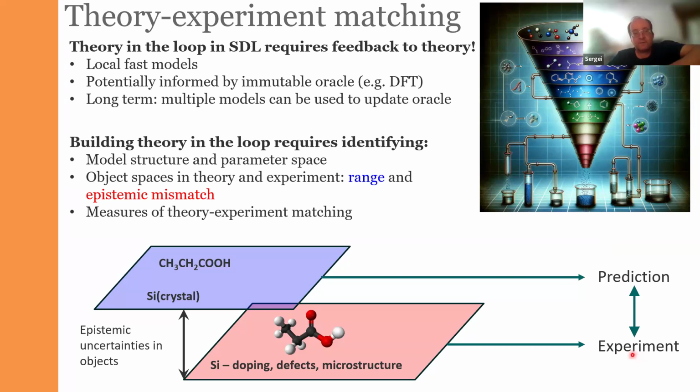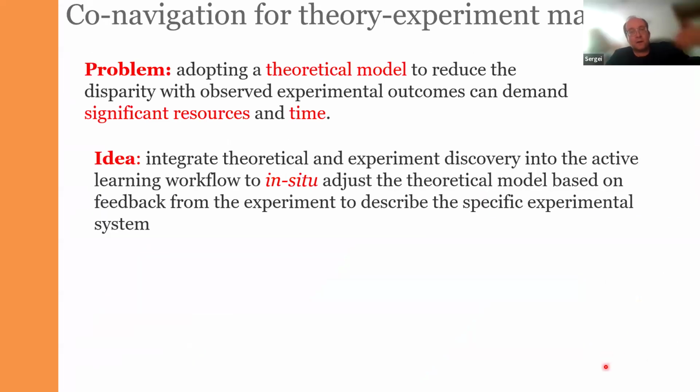There can be epistemic uncertainty, or there can be a problem with the uncertainty related to the observational system. So our experiments are not ideal either. Therefore, we need to make sure that we trust both the fact that the objects match and the observations match. Otherwise, we cannot even start. We effectively would be talking about apples and oranges.